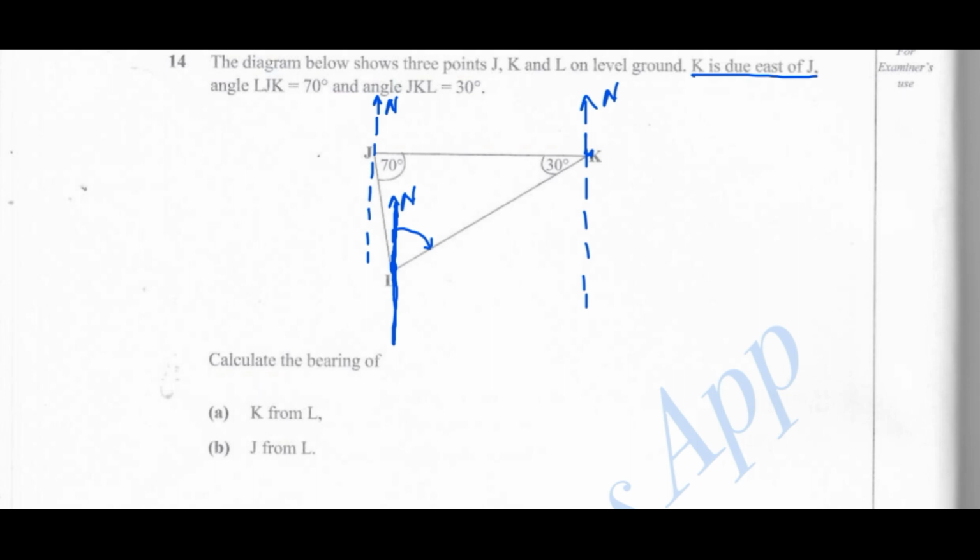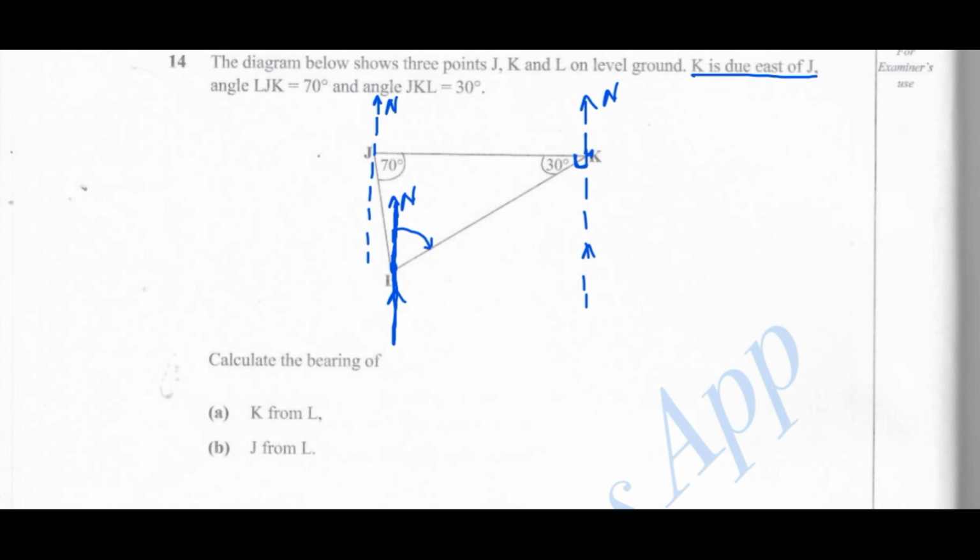Now how can we solve for this angle? We know that these two lines are parallel. We are told JK is due east. Whenever we say due east, it means that these two are meeting perpendicular to each other, so they are forming an angle of 90.